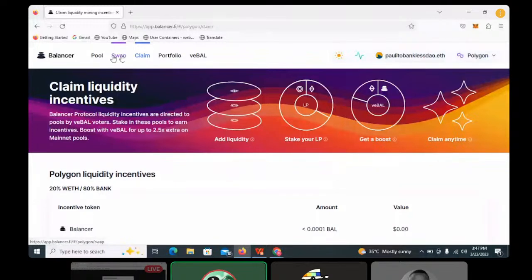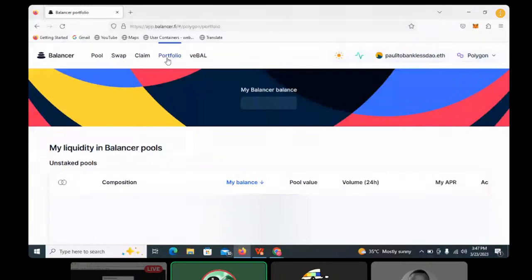If you want to know how much you have invested, you can just go to portfolio, tap on portfolio, and you're able to see how much you invested. You can see this is 0.43. This is how much you invested, and that's just how it is. That is how you get your BANK on Balancer, in the BANK/wrapped Ethereum pair.